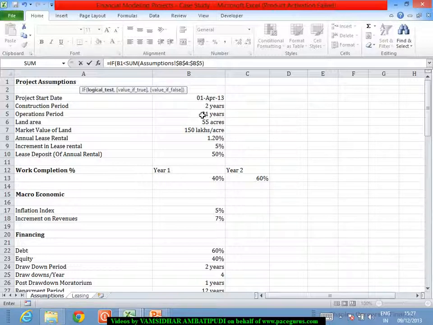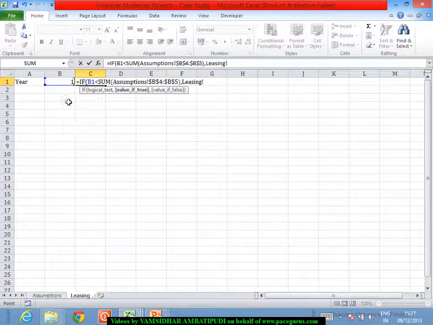I'll put a dollar there. If the year before that is lesser than the summation of these 2 years put together, I will increment this by 1. Otherwise, I will put a blank.